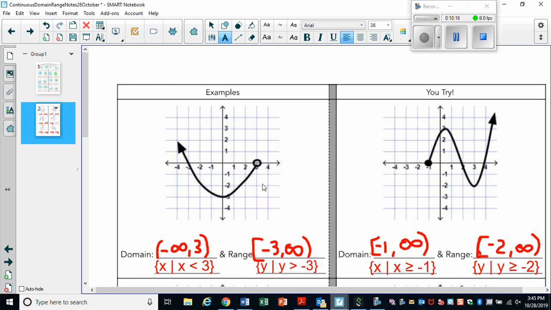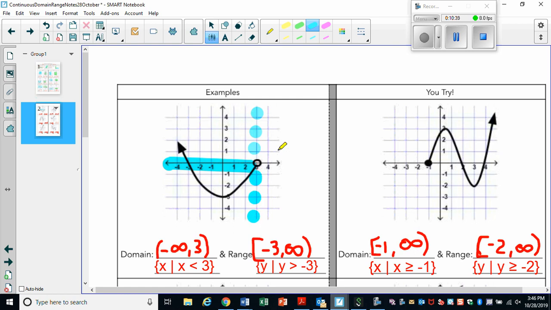In this case, for our domain, again, we read from left to right, and we notice that this arrow basically comes from negative infinity up to, but we don't include, positive 3. So our domain would be all x values such that x is less than 3.